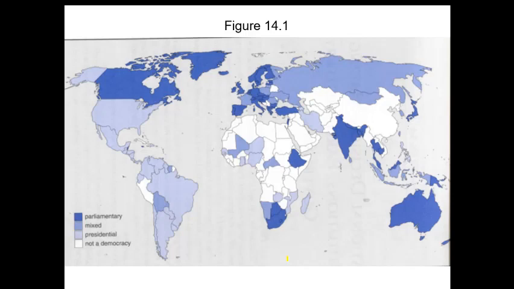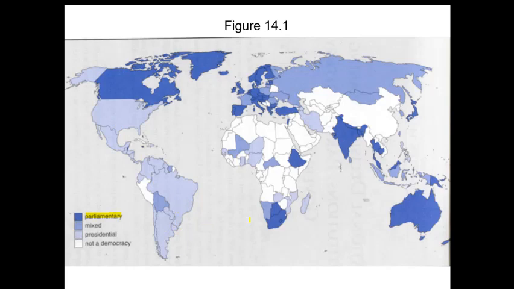Here's a map right out of the book, figure 14.1, showing in dark blue here the parliamentary systems around the world: Canada, Great Britain, much of Europe, India, Australia, South Africa. So as you can see, several of the former British colonies are parliamentary systems. We'll talk about presidential systems in the next chapter, which is the United States and much of South America.